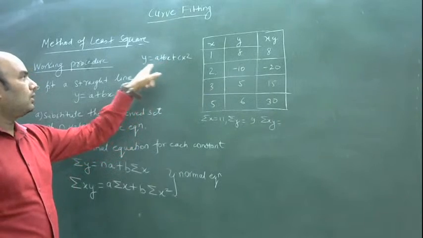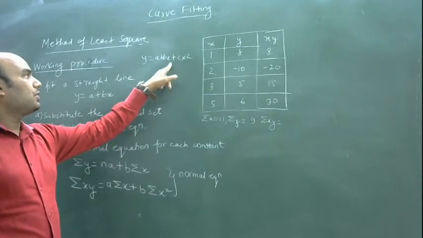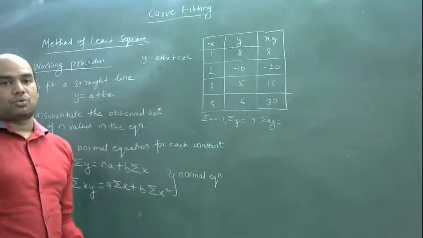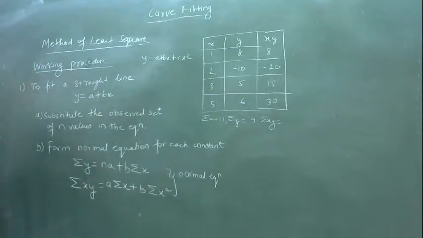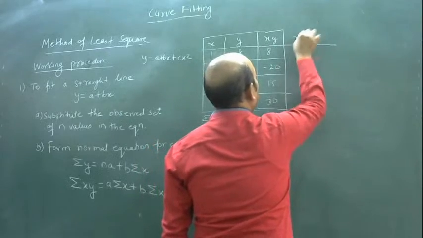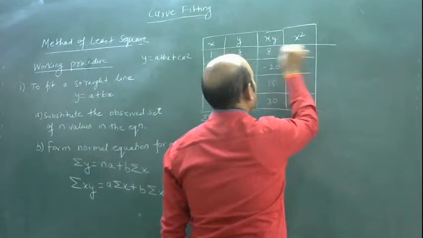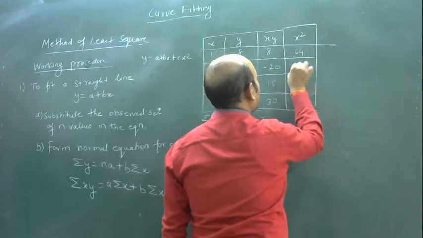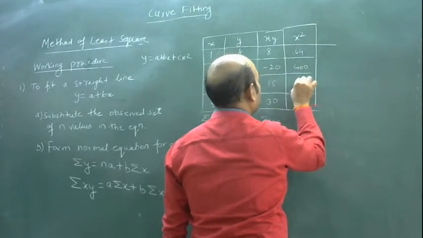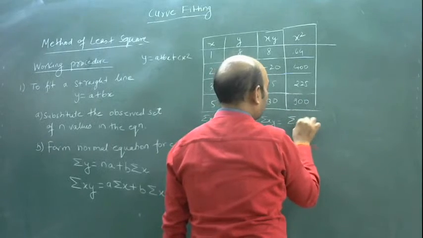Okay, so here this will be summation y equals na plus b summation x plus c summation x square and so on. Okay, so now we have to find x square. So the next column will be x square. Okay, so this is 64, this will be 400, this is 225, this is 900, and find the value of summation x square.